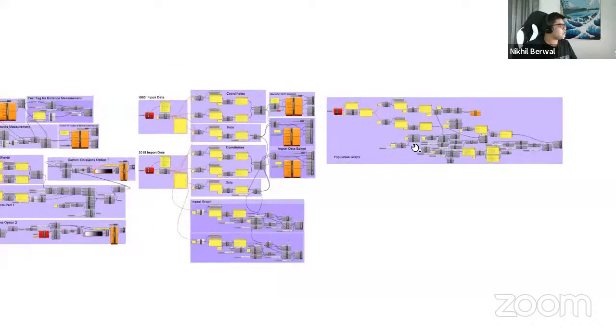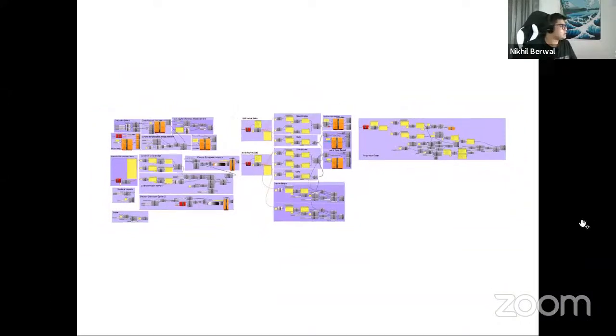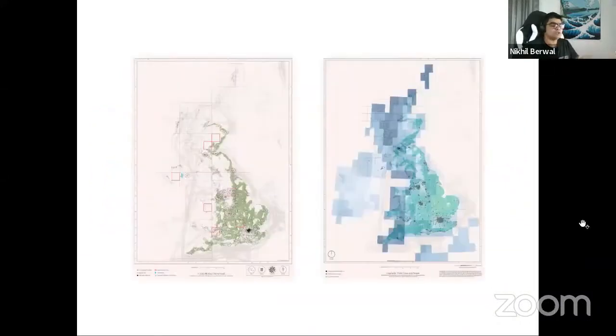A lot of mathematical formulas can be used in Grasshopper, which I will depict in the final few slides. And we will also do a Grasshopper script of our own.